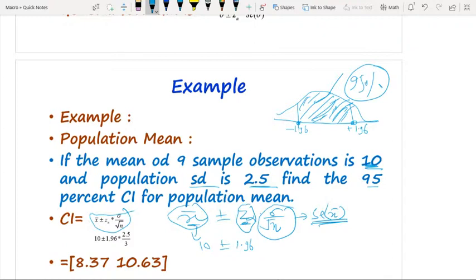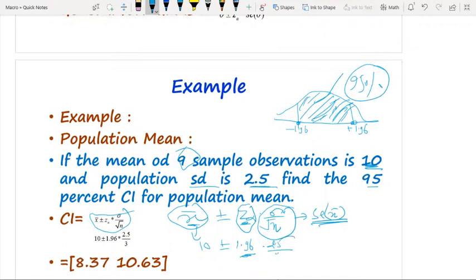So we use 1.96 here to reflect the level of confidence at 95%. Sigma is the population standard deviation here, which is given as 2.5, and the sample size is 9 sample observations. So the sample size is 9.